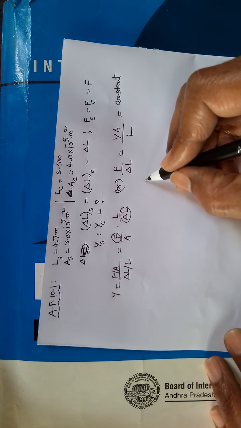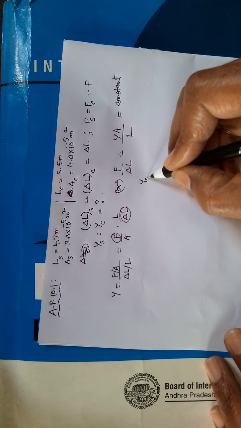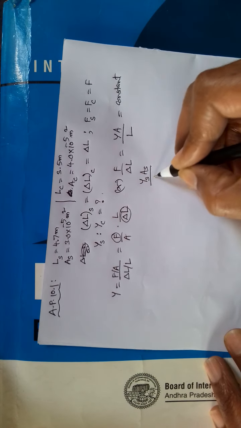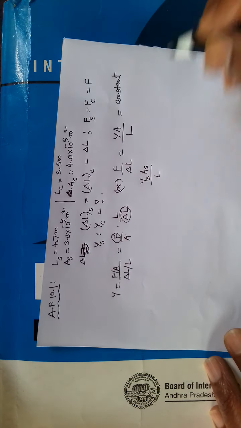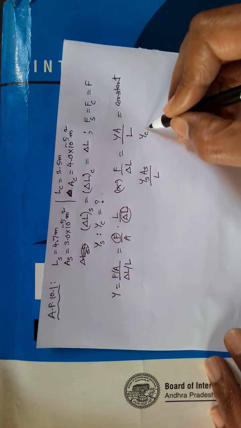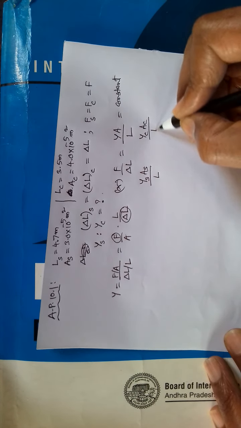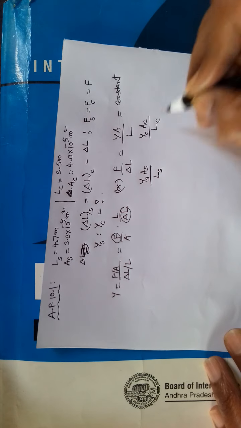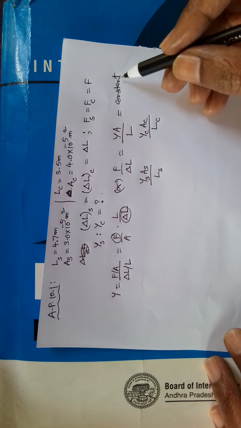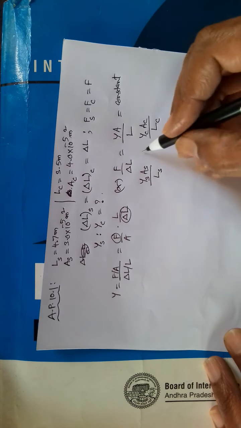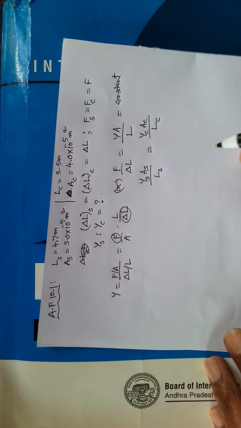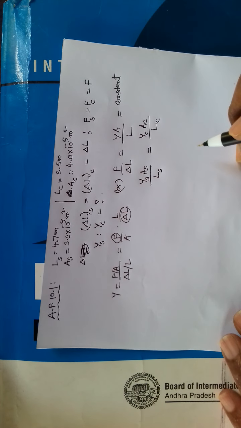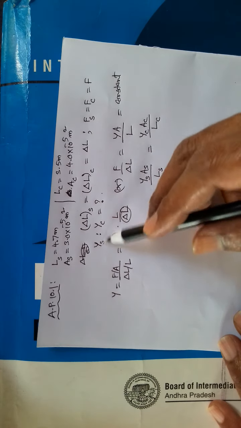for the steel wire, Ys As by Ls, and for the copper wire, Yc Ac by Lc. Since this is a constant, I can write this is equal to this. Now Ys by Yc is asked.